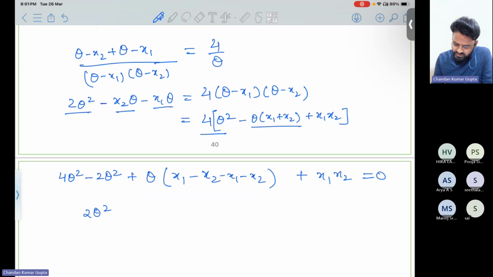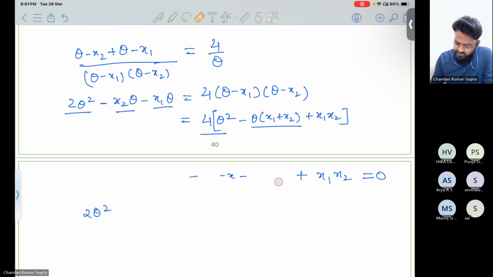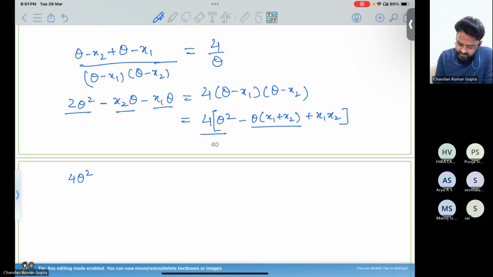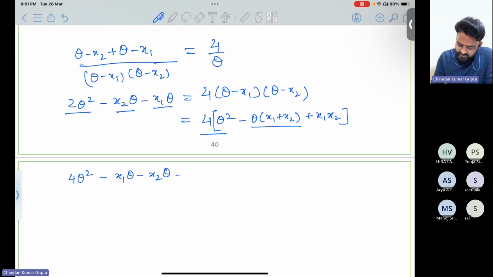So this comes out to be, sorry for the mistake, let me write it down again. It is 4 of theta square minus x1 theta minus x2 theta.